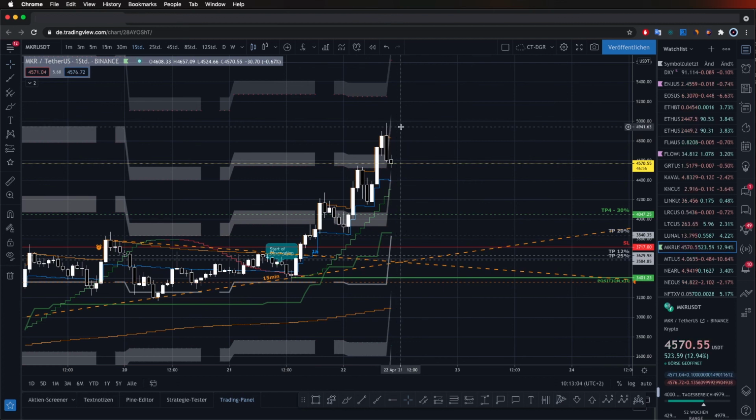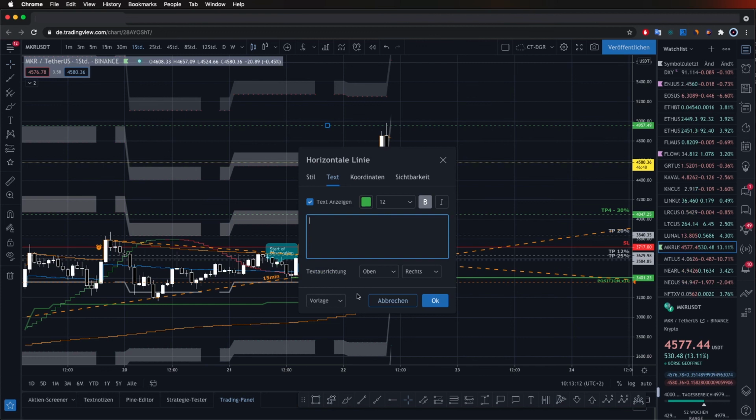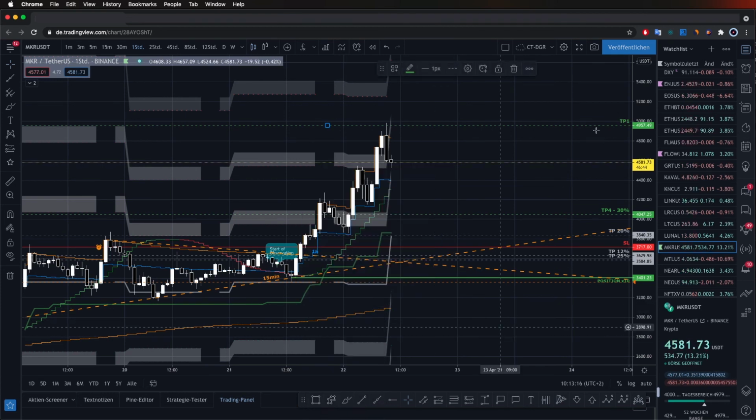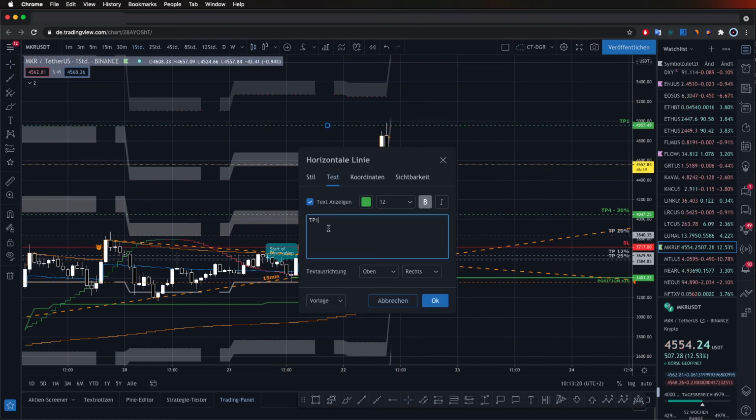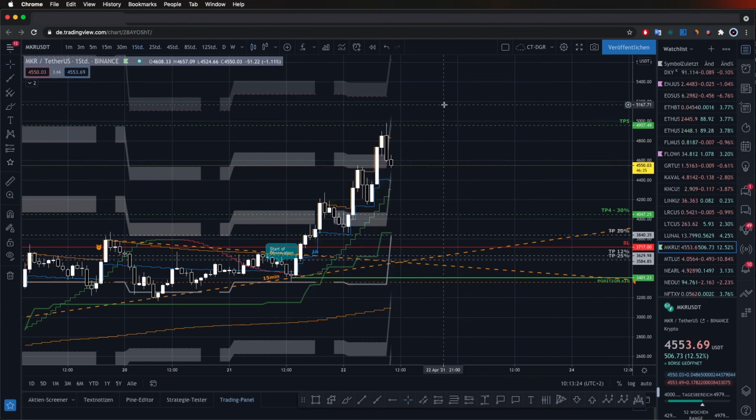So this is maybe where I will put a next target area and maybe sell 50% of the rest of my position, which would be like 10% of the initial position. This would be now my TP5 actually. And yeah, let the rest flow.